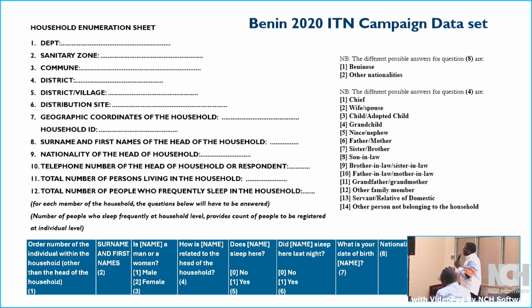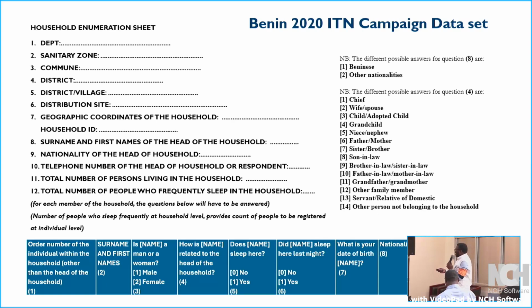So this means that the INSAE team, the statistics team, was like, hey, if we have these two data points, on our part we can use them to calculate the false index in the data, and the people who would be moving from household to household, who sleep across different households, so that we can have an expectation of the roving population in the population set of the country. Now, thinking that that was enough, we kept going.